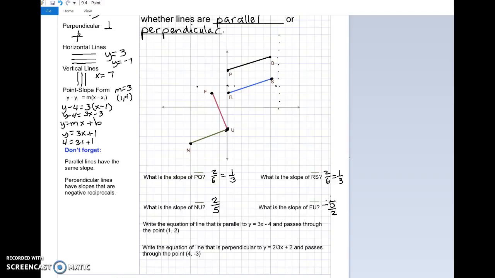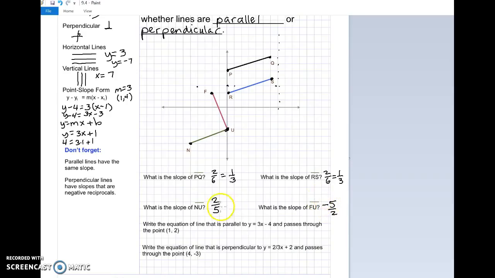What do they have in common? What do they have different? Well, I hope you noticed that they both have the numbers 2 and 5. They're just flip-flopped, aren't they? One is 2/5 and the other is 5/2. So they're really reciprocals of each other.